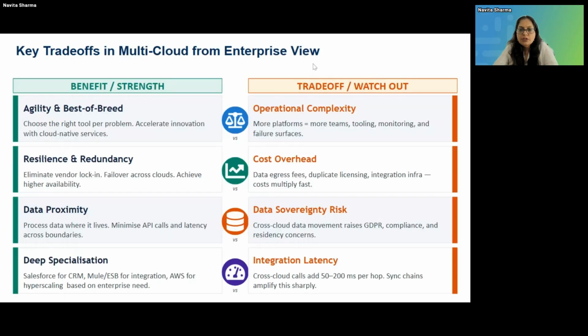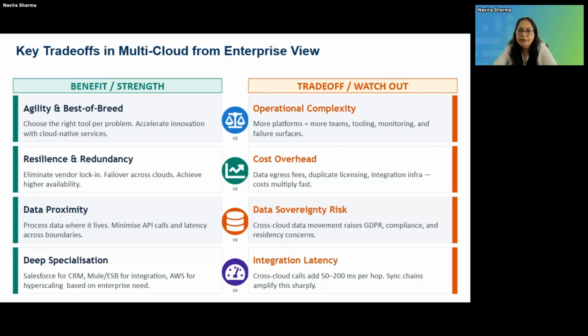So moving on, key trade-offs in multi-cloud and in the enterprise view. When we choose multiple clouds, the important thing to know is best of breed, right? So we should know what each cloud is meant for. That is very key.